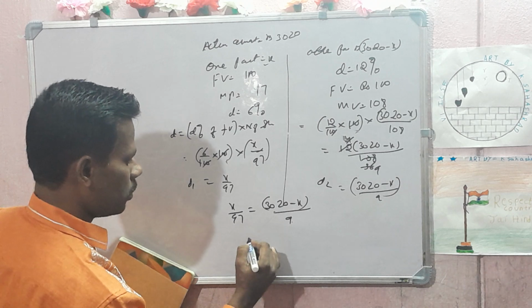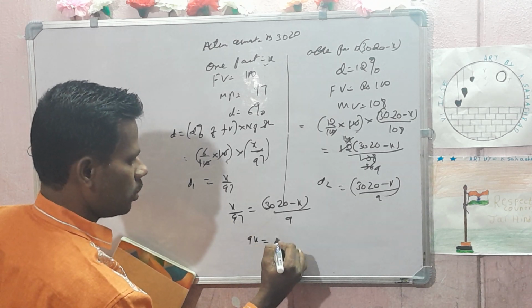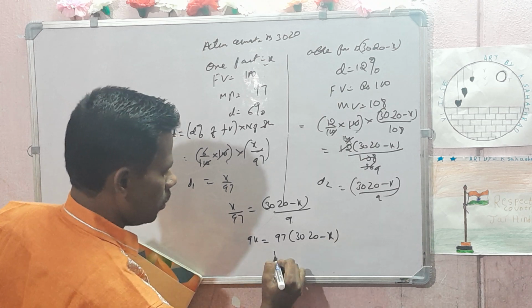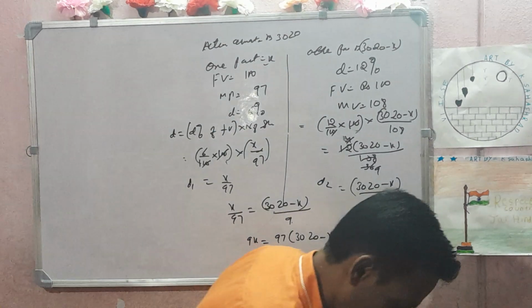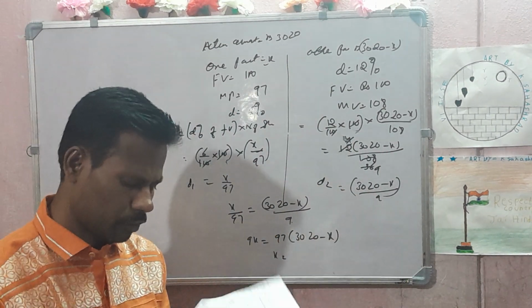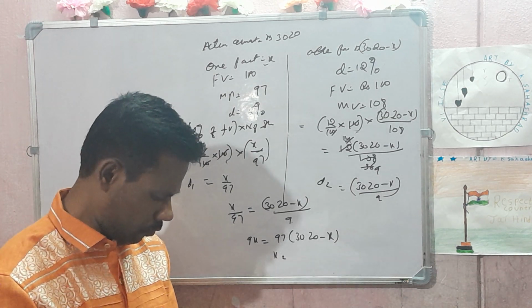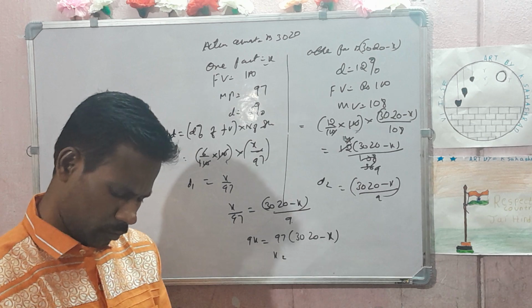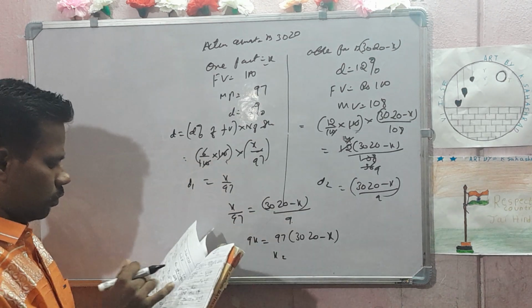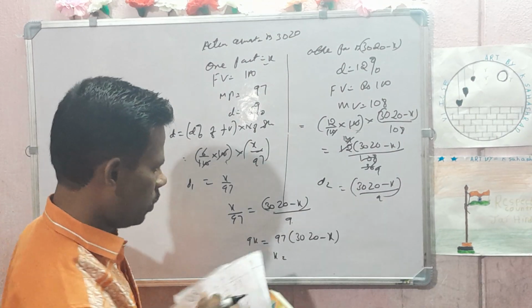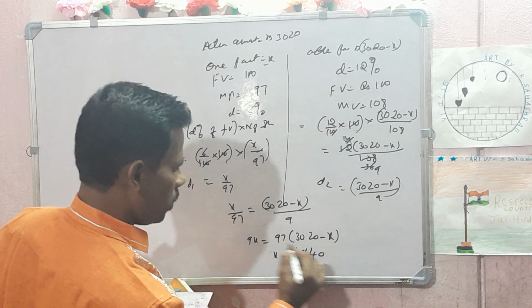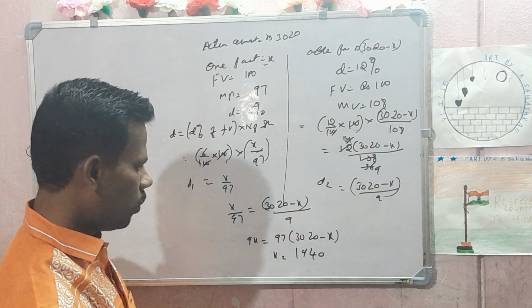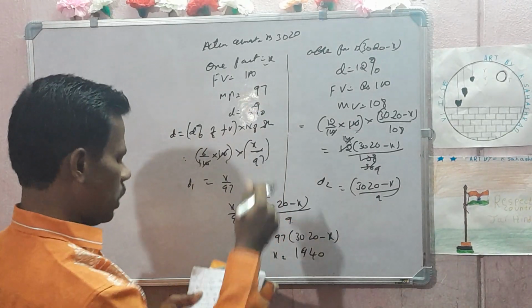So simplify this. 9x is equal to 97 into 3020 minus X. You simplify this, bring this that side, the answer is 1940. Now what is he asking?